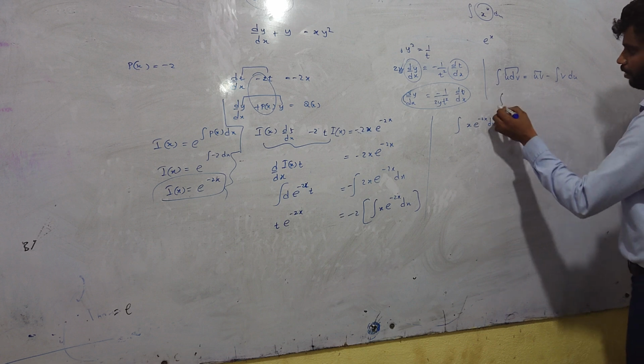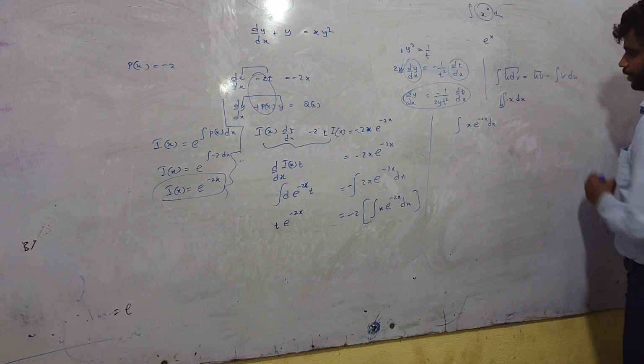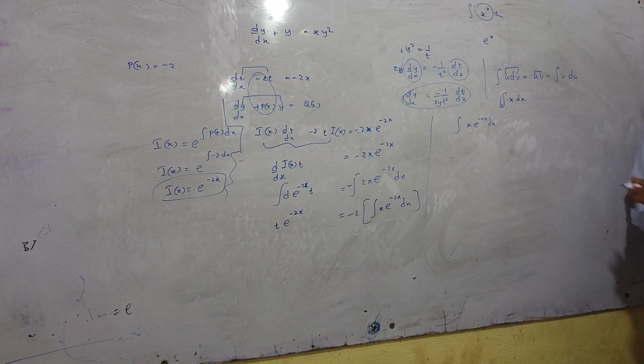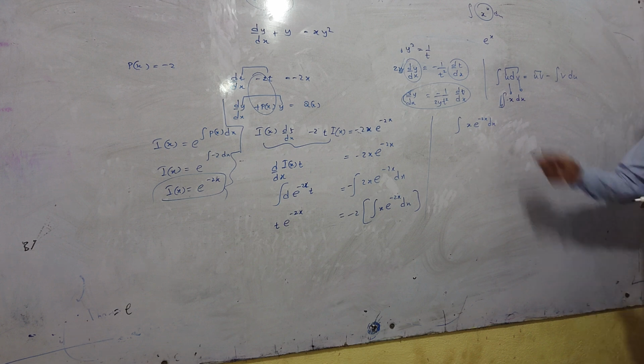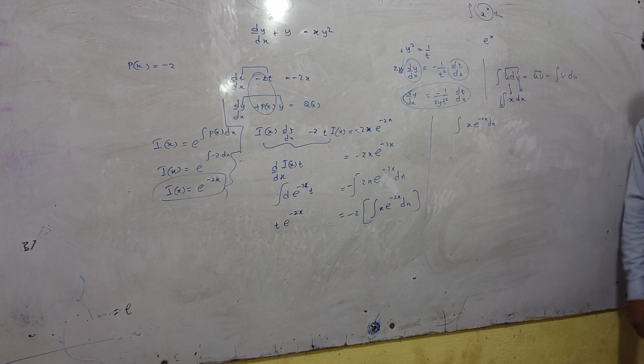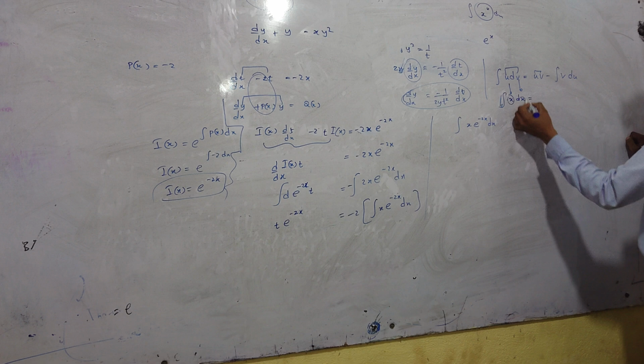For example, let's see this one. If you try to apply this, you have to first select who is u and who is v. Let's say this is u and this is v. There are different combinations; this is the simplest.